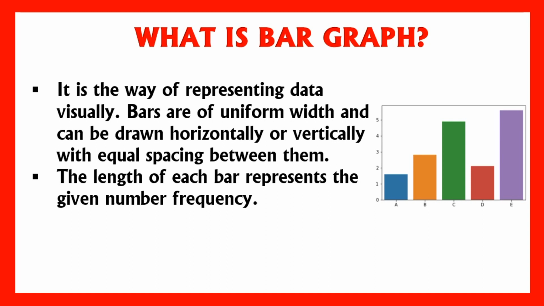For example, C is in green color, and by looking at the bar, we know it is the number 5, right? So this is an example of a bar graph. While you are drawing the bars, you should think about keeping the same uniform width.